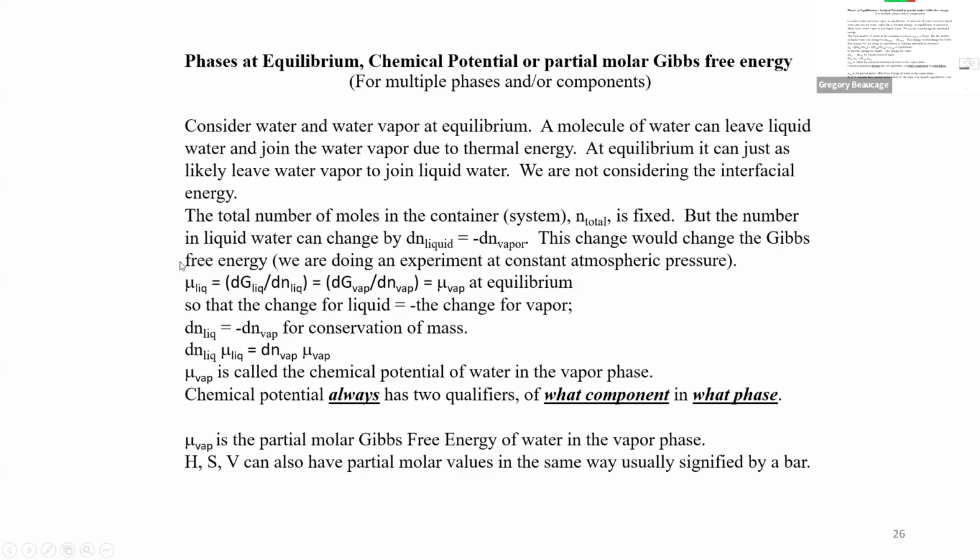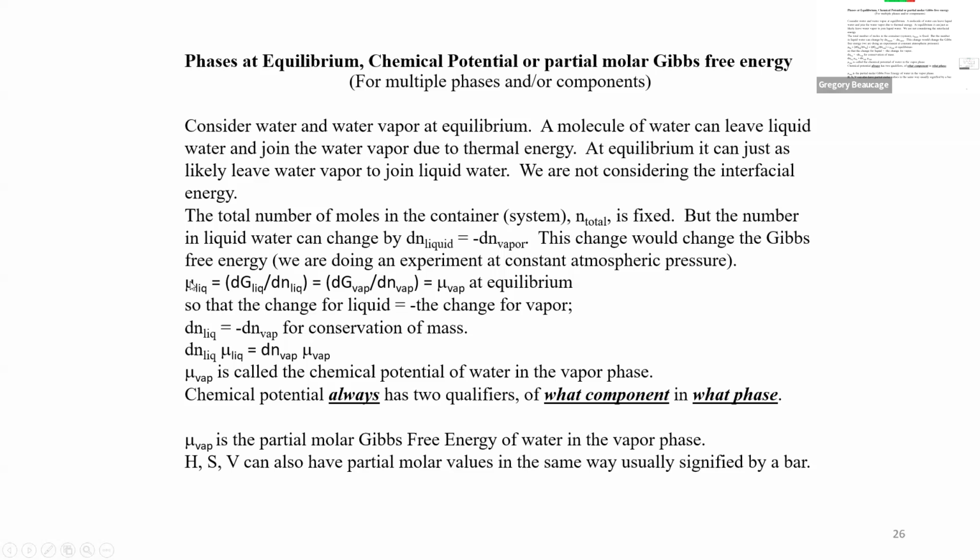Say you have 2 phases present and 2 components, right? The chemical potential is of something in some phase, so it has 2 qualifiers to it. You have to say the chemical potential of water in phase A equals the chemical potential of water in phase B. It's not the chemical potential of salt in phase A equals the chemical potential of water in phase B. So it's water, water, salt, salt, but in phase A and phase B, the phases swap, right?